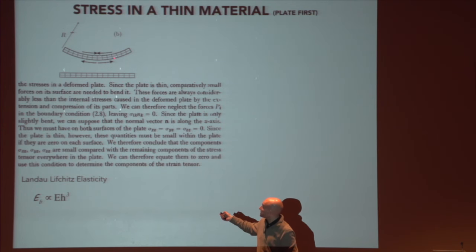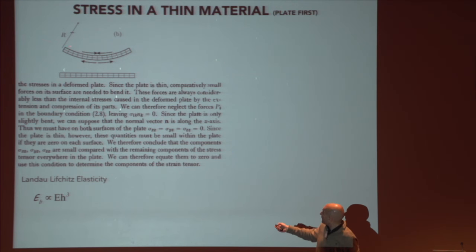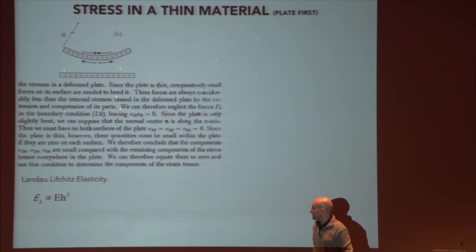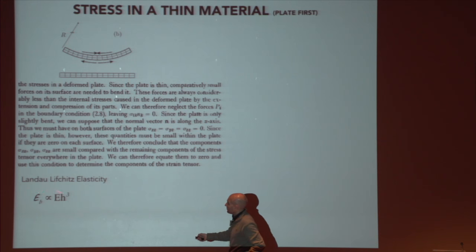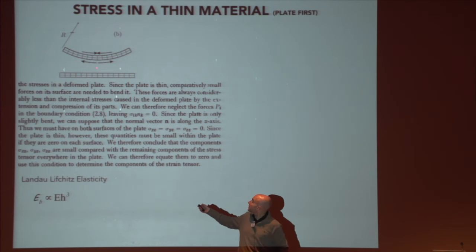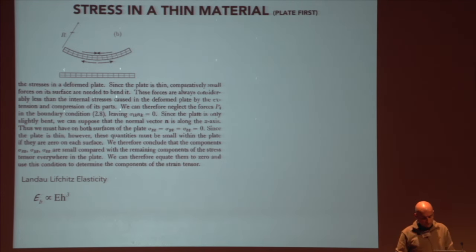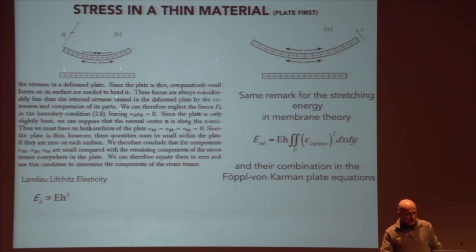The upper part is getting stretched, the lower part is getting compressed, and there's a variation in z. So if you calculate and put everything together, you get E, which is the Young modulus of the material, and then you get H cubed, where H is the thickness of the material.